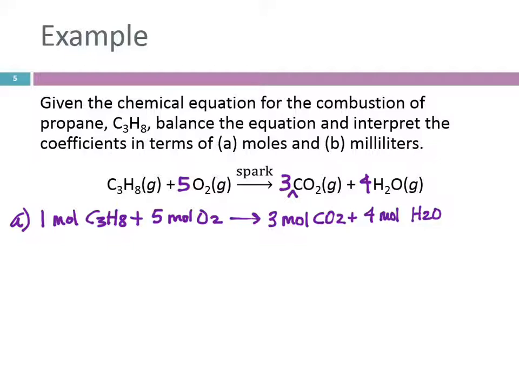If they are all gases, we can also use volumes because for a gas, the volume is proportional to the number of moles. You double the number of moles, you double the volume. And that's a special, strange property of gases. So then interpreting this, because all of these are gases, right?